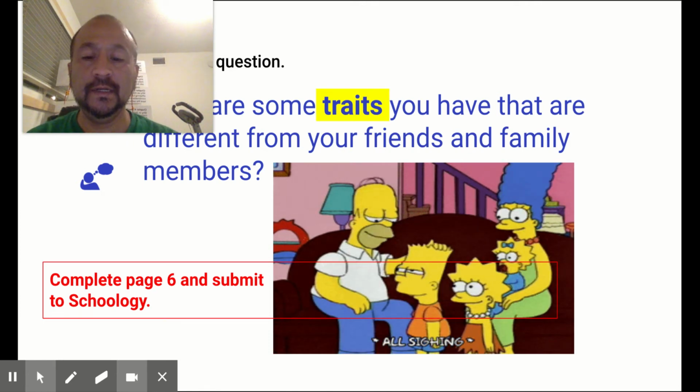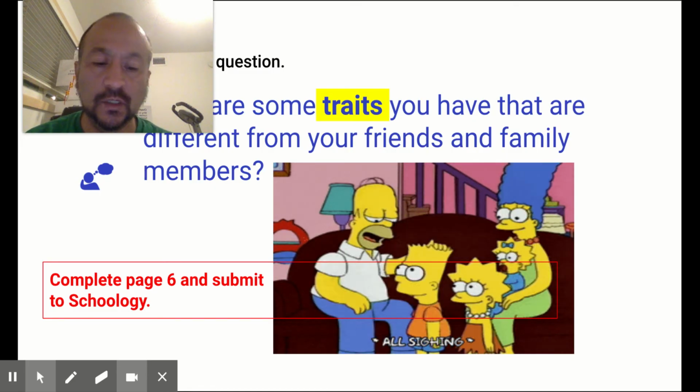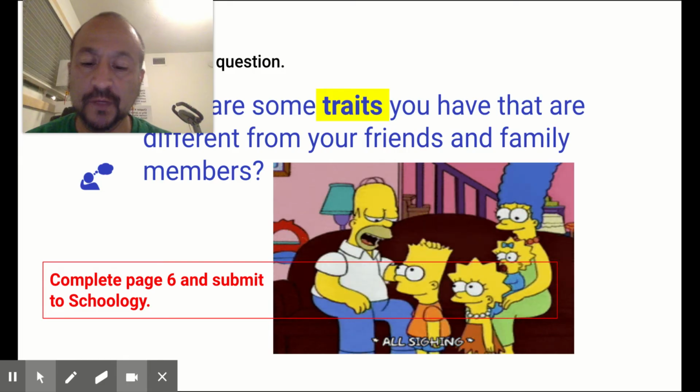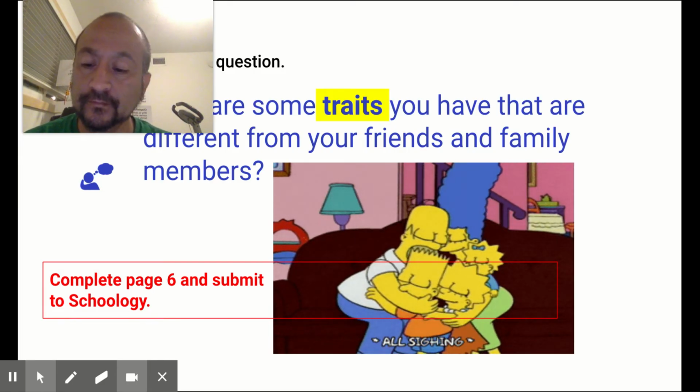It says, each person in a family has the same traits. There are no differences in traits between parents and offspring or among siblings. Do you agree or disagree with that?